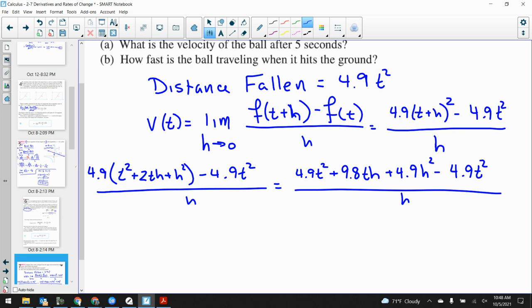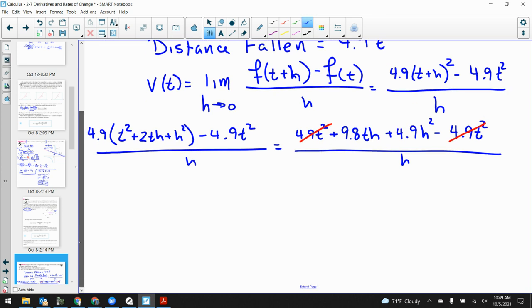Ooh, what can I cancel? My 4.9 t squareds. Which is now equivalent to 9.8 th, excuse me, plus 4.9 h squared all over h.